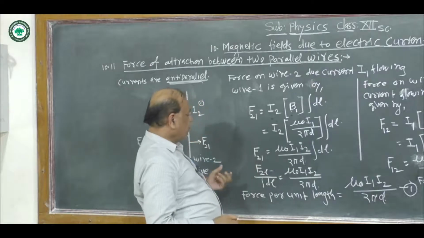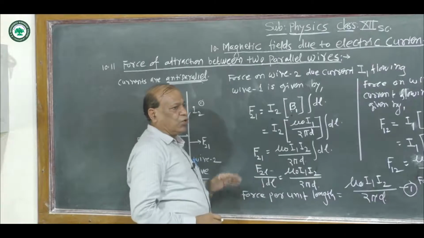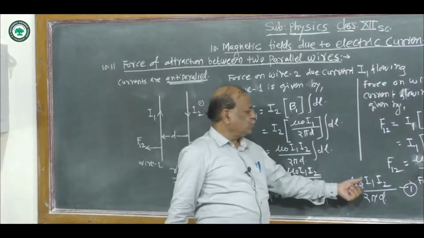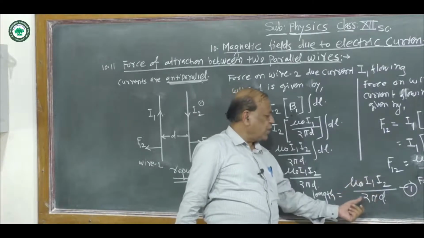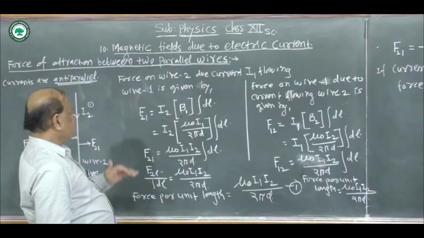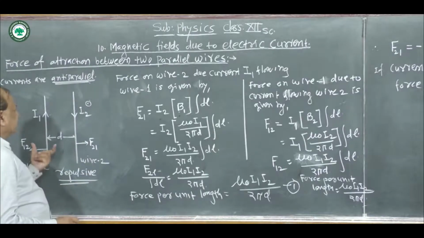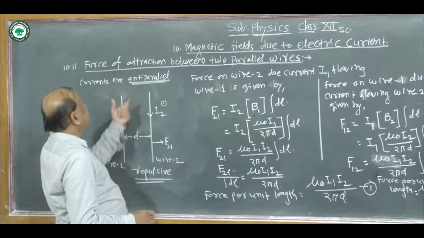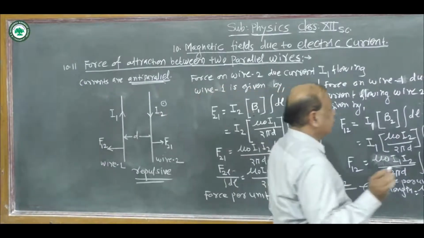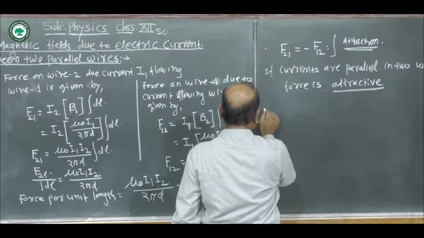Therefore the force per unit length for both the wires is the same, and it is given by mu 0 I1 I2 divided by 2 pi d. Here is a force of repulsion when the currents are anti-parallel.